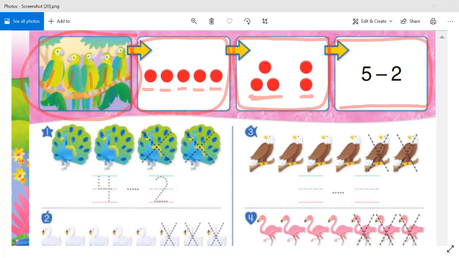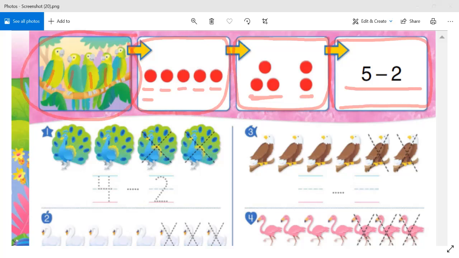So what does 5 take away 2 tell about the parrots? That there are 5 parrots in all, then 2 parrots go away. So instead of the words take away, what sign can we use? The minus sign. So let's read this sentence together. 5 minus 2.